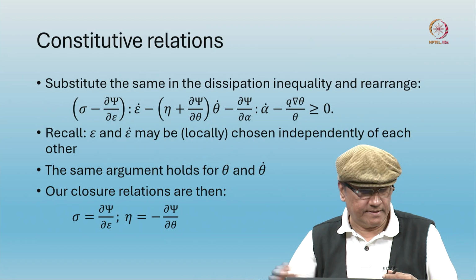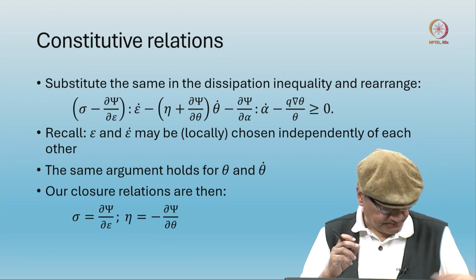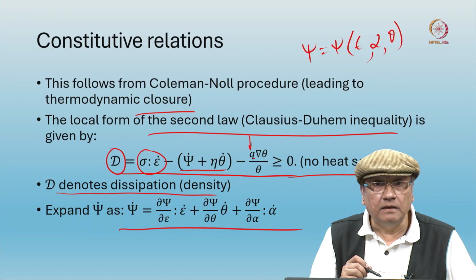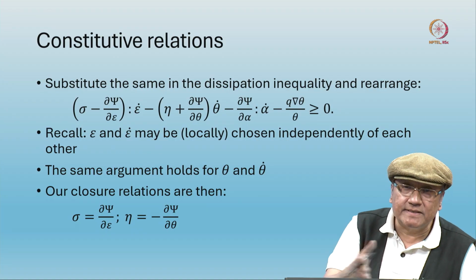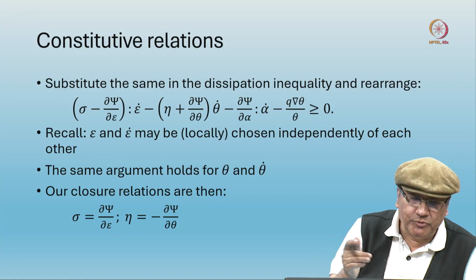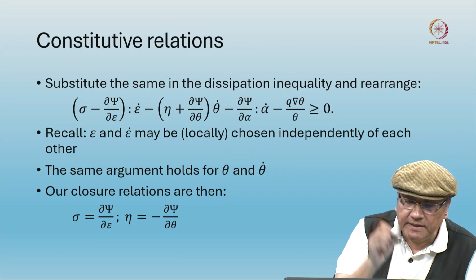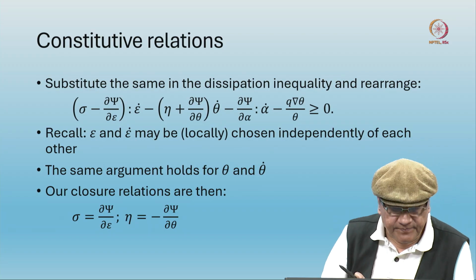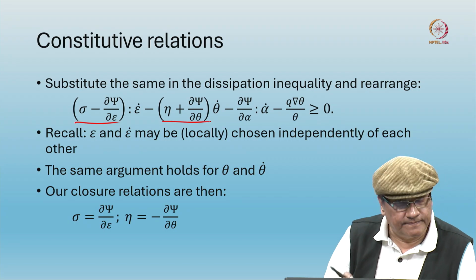You remember these things, and then substitute this psi dot back in the expression for the dissipation, and then put the terms properly. This is the Coleman-Noll procedure, that is what we are doing. So, put the terms properly such that the factors of epsilon dot, theta dot, alpha dot, etc. become clear. Okay. So, this is the factor of epsilon dot, this is the factor of theta dot, forget about the other things.